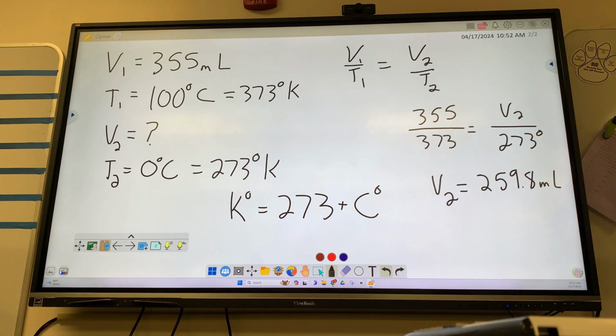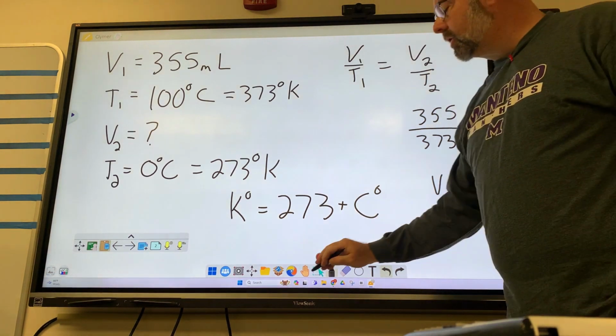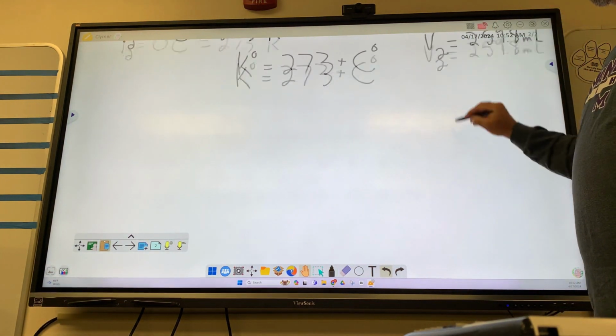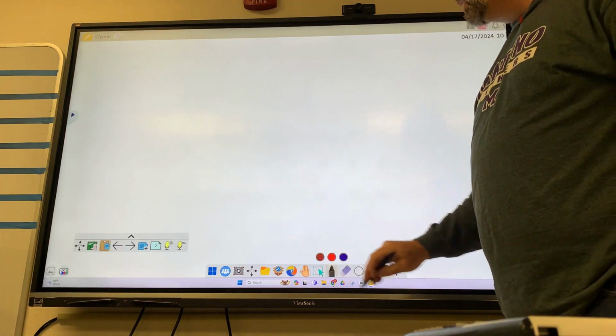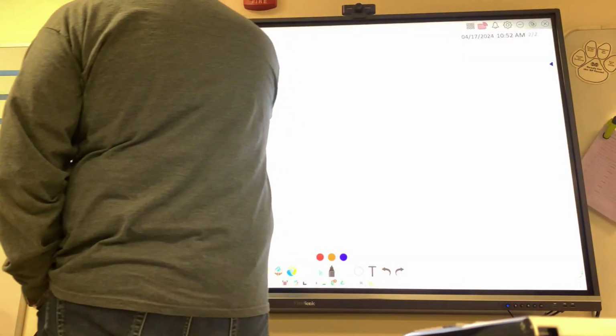So this is Charles' law, and this is conversions to Kelvin, and back and forth. And now I want to come full circle here. We had the combined gas laws, what we started with yesterday. Anybody remember what that looked like?